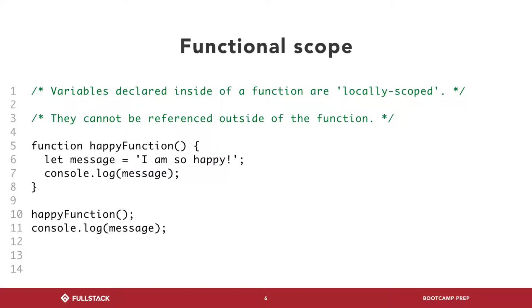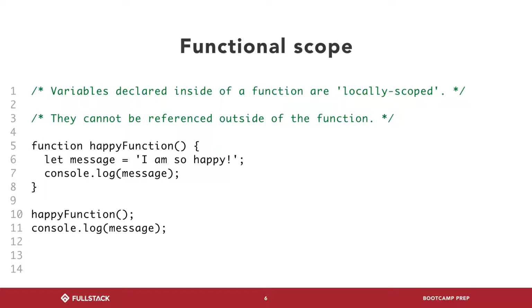It's not being defined anywhere outside of that function. Any other guesses besides undefined and reference error? It will print out I'm so happy, like it normally does. Okay, cool.